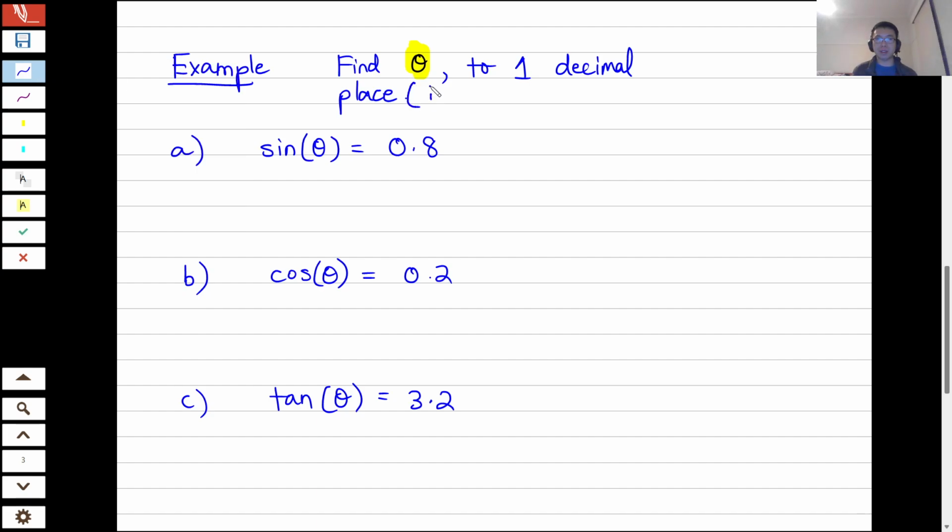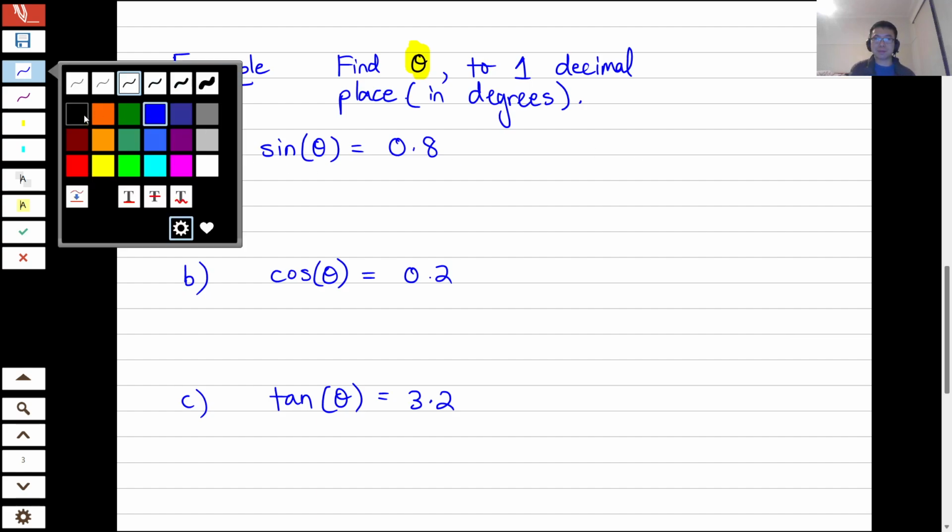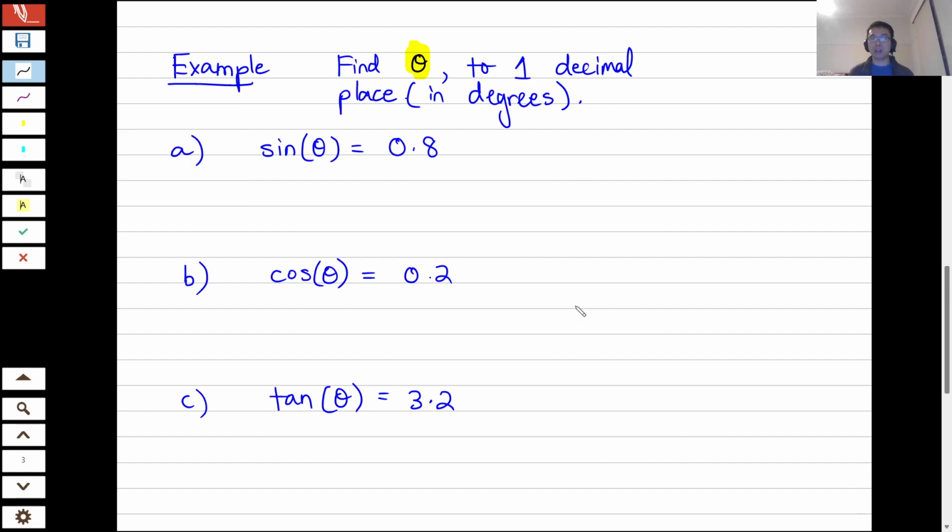So I'll write that as well in degrees. And you'll notice I haven't actually drawn a triangle here. We don't need to. If you want to know why it doesn't matter that we don't have a triangle, ask your teacher in class, because that deserves a longer explanation than what is possible in a video like this.